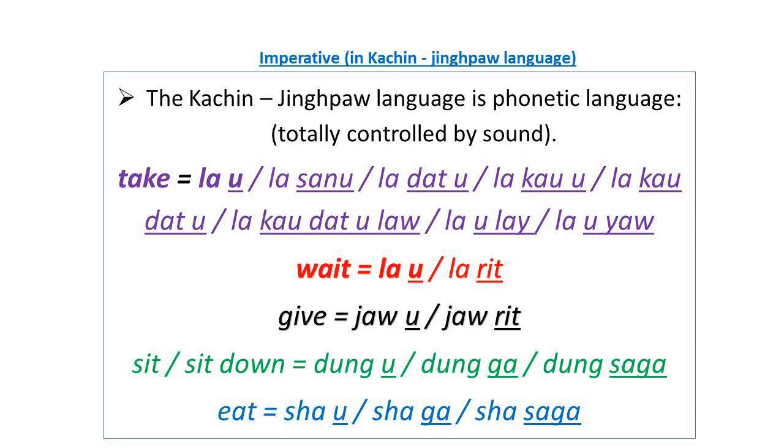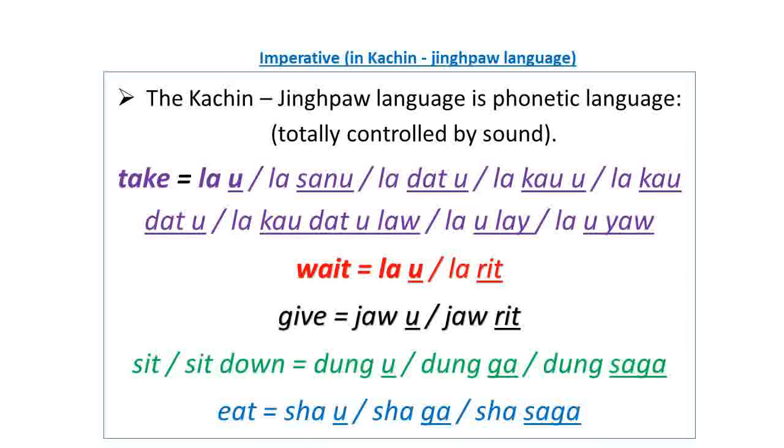In Kachin Jinghpaw, you have to say la u. As you see in this slide, you can also say la sunu, la dat u, la kau u, la kau dat u, la kau dat u lo, la u le, la u yo. It depends how the speaker likes to swing this imperative. You can use many varieties.